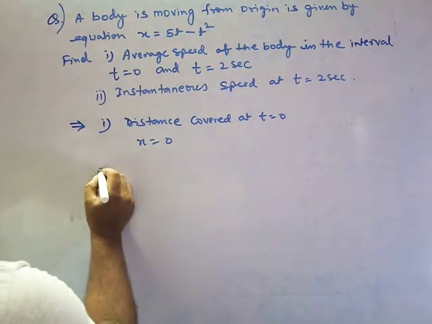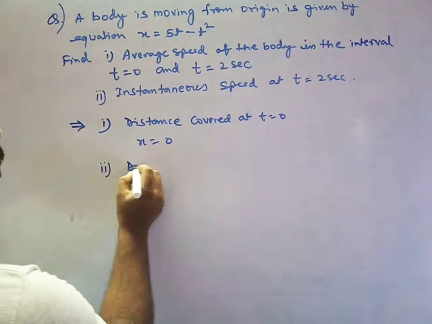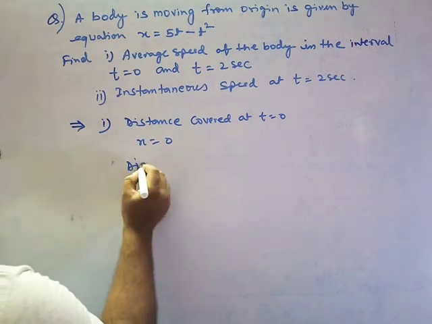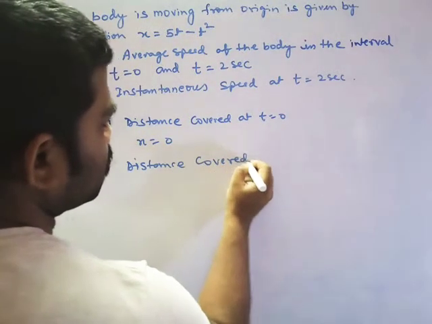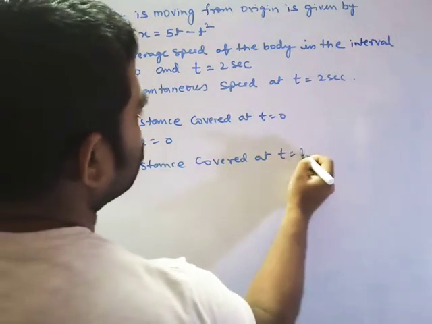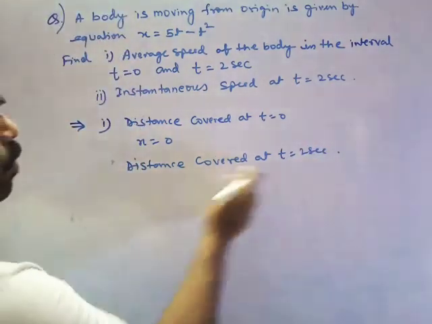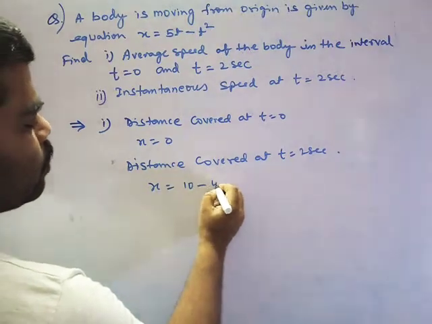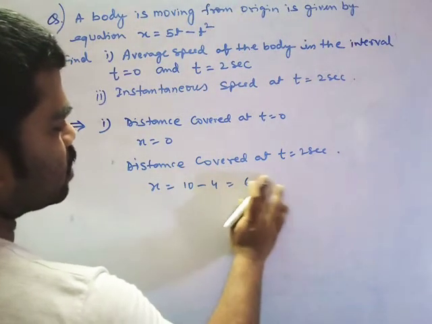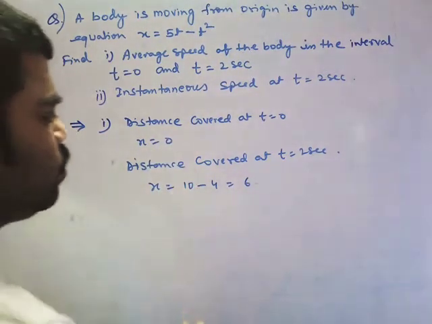Number 2: distance forward at t equal to 2 seconds. At 2 seconds, here it is 5 twos are 10 minus 4, that means 6. So you got the total distance.